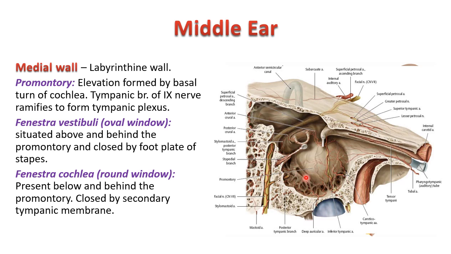So when sound vibrations take place, the ear ossicles move, and due to the vibration of the footplate of the stapes, that creates a pressure inside the internal ear, in the perilymph. Whatever pressure is created has to be equalized by the secondary tympanic membrane, which is closing the round window.